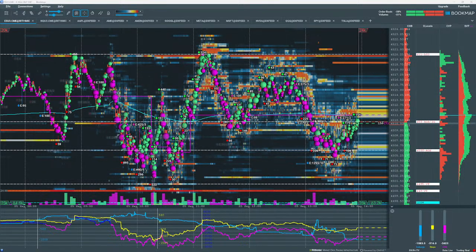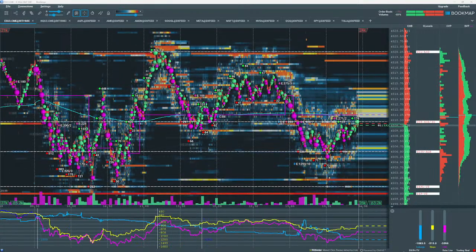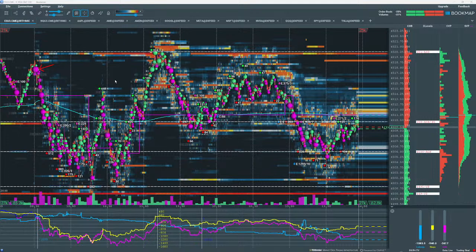Let me zoom in just a little bit. So this is right at the cash open, and you can see the aggressive sellers come in right at the cash open. Options traders start taking negative delta positions, and aggressive sellers come in. That's shown by the magenta volume dot there.